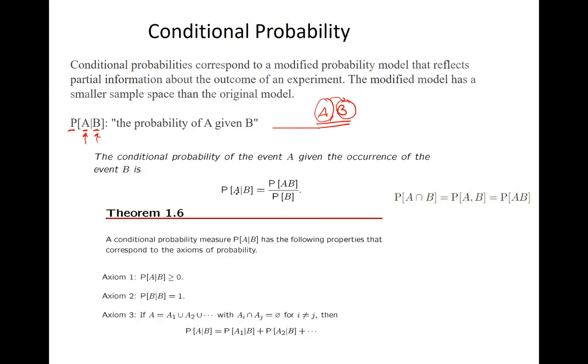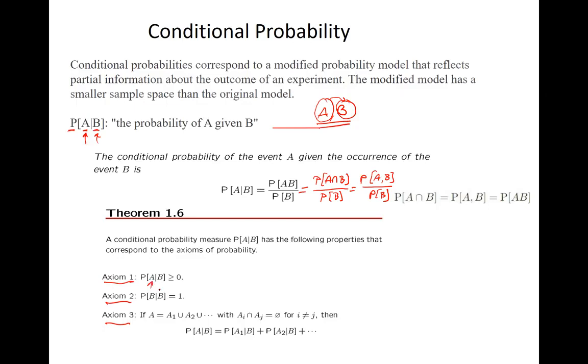Now, probability of A given B can be written as probability of AB divided by probability of B. So this could be also written as probability of A intersection B divided by probability of B, or probability of A comma B divided by probability of B. Okay, so this is important. And theorem 1.6 for conditional probability, again, we have three axioms, actually similar axioms that we have seen in previous slide.